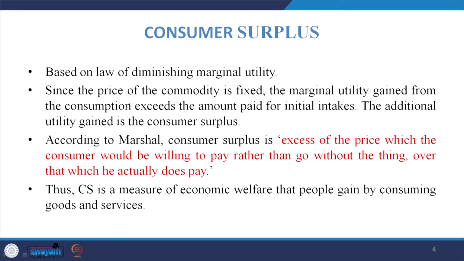When a consumer purchases different units of a commodity, the sum of the various marginal willingness to pay gives the total willingness to pay. Total willingness to pay minus total money spent to buy the different units is consumer surplus. Thus consumer surplus is a measure of economic welfare that people gain by consuming goods and services.